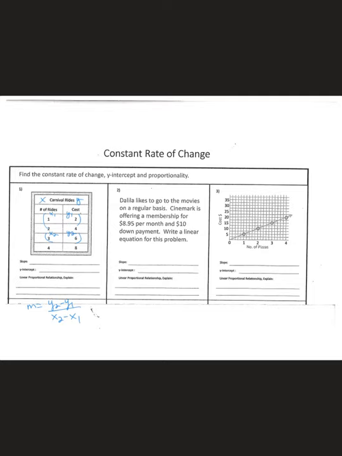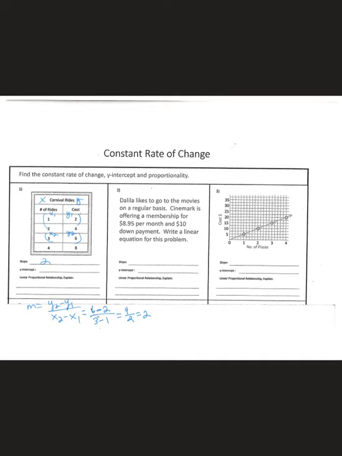Okay, y2 in this case is 6 minus y1, 2. x2 is 3 minus x1 is 1. And you get 4 over 2. And 4 divided by 2 is just 2. Okay, so my slope is 2.